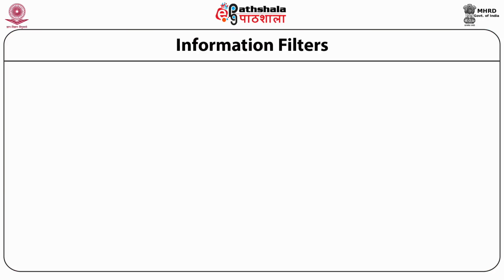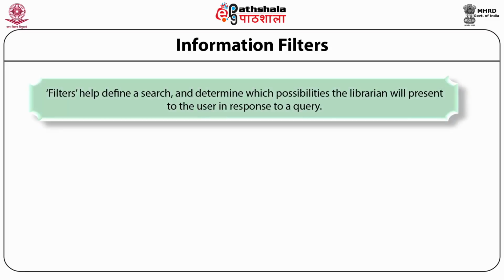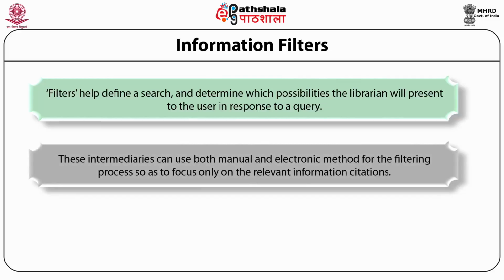Information filters. Filters help define a search and determine which possibilities the librarian will present to the user in response to a query. These intermediaries can use both manual and electronic method for the filtering process so as to focus only on the relevant information citations.